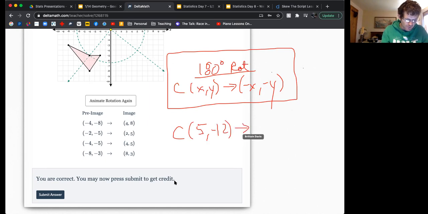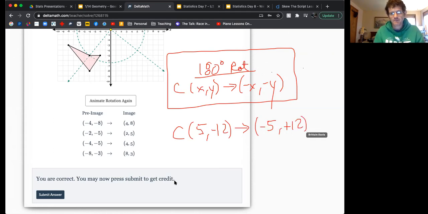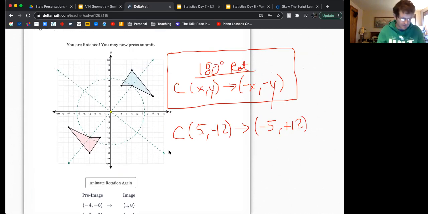So all I need to do when I do a 180-degree rotation, it's going to be -5, +12. I'm changing the sign of both of these. So a 180-degree rotation is actually maybe one of the easiest coordinate rules to use, but you have to know which one to pick.